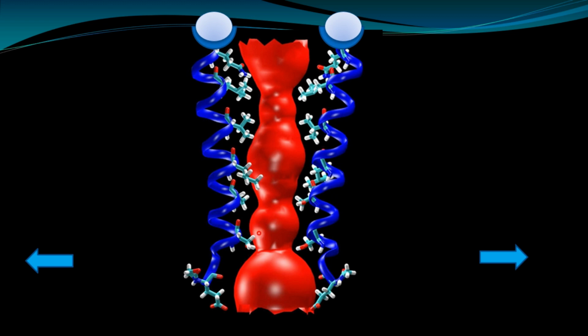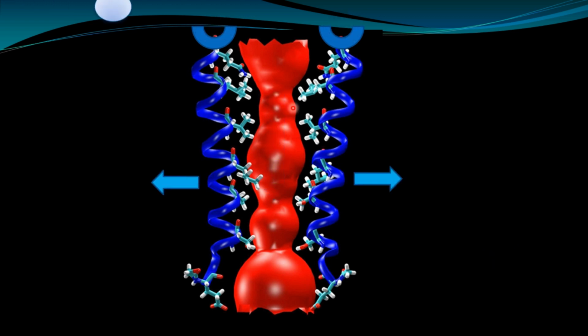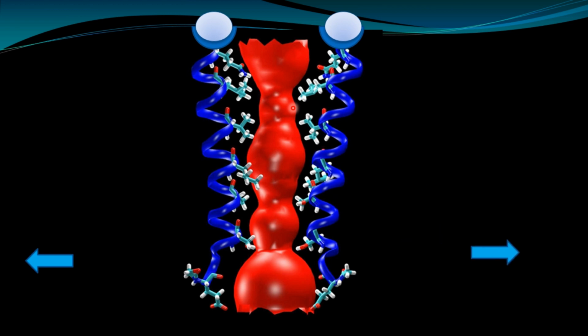So there will be the opening of this channel and the entry of the ion. If it is sodium, there will be the entry, and if it is linked with potassium, again the agonist comes and binds, the subunits contract in opposite directions, and there will be the exit of potassium from the cell, so it causes the inhibitory effect.